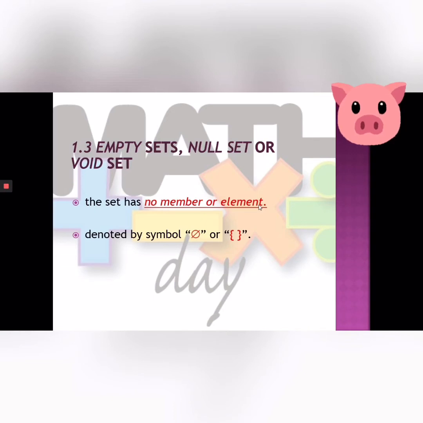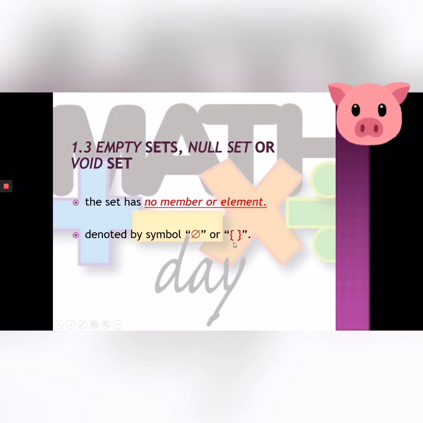Because in mathematics we always try to make it shorter, so we mostly use symbols. For the empty set we have two symbols that we consider. This one, a circle with a line in the middle, is an empty set, and the second one is the braces.